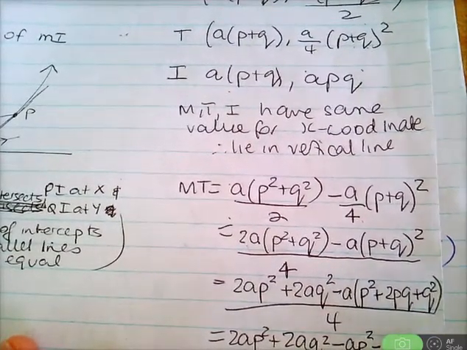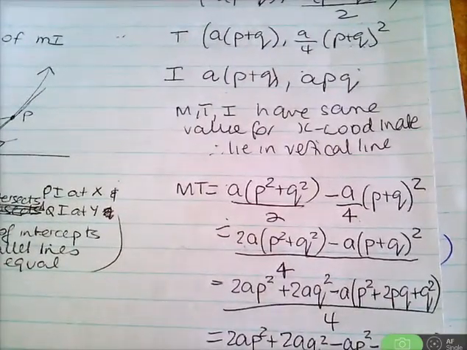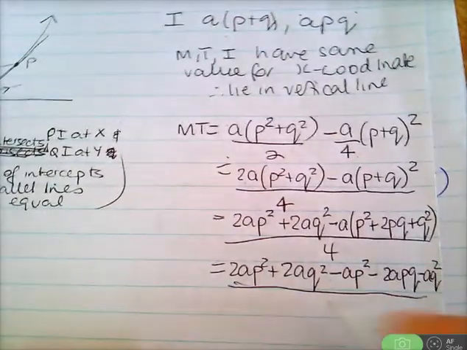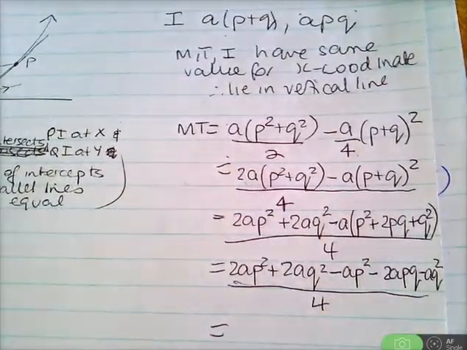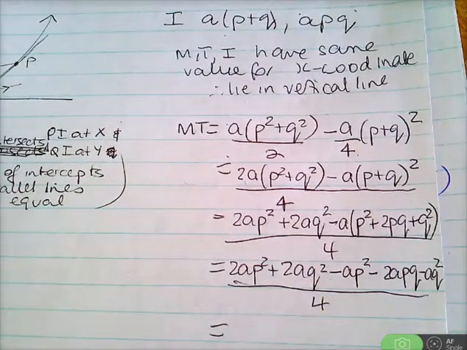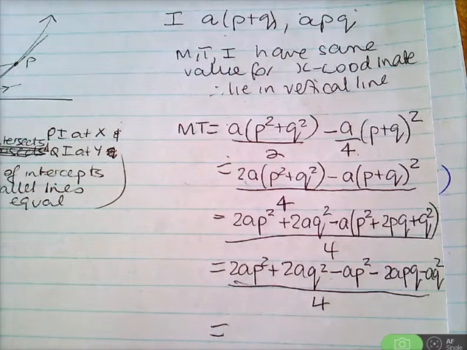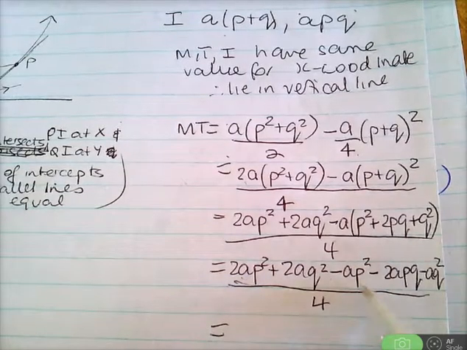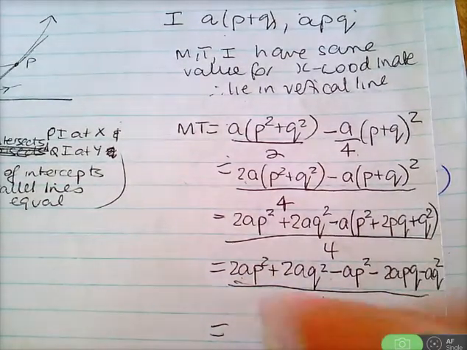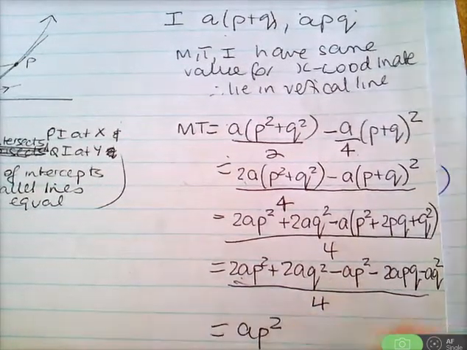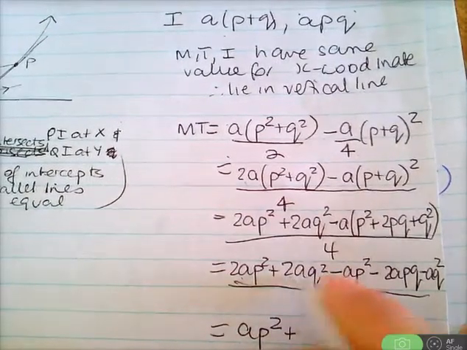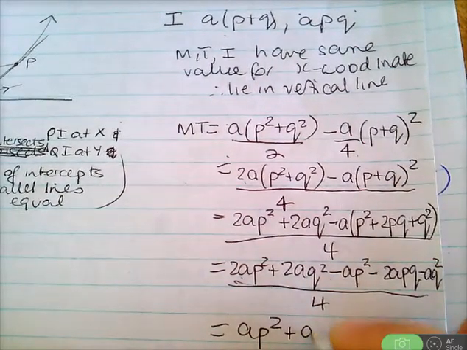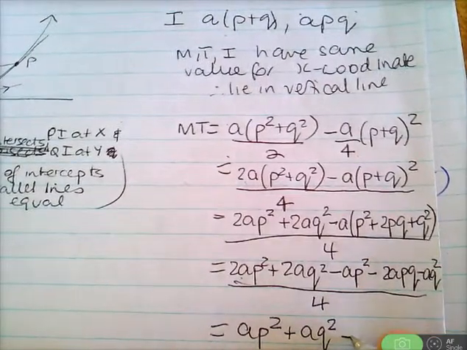minus AQ squared. Wait a sec. So we've just expanded that out. Over 4. Anything cancel? What do you get? 2AP squared minus AP squared is AP squared. 2AQ squared minus AQ squared is plus AQ squared.